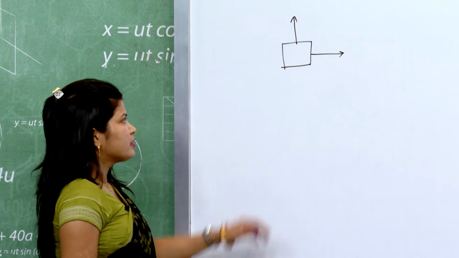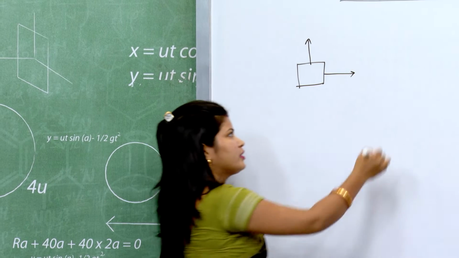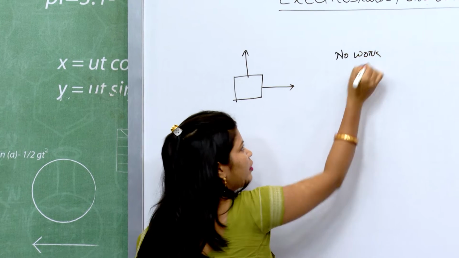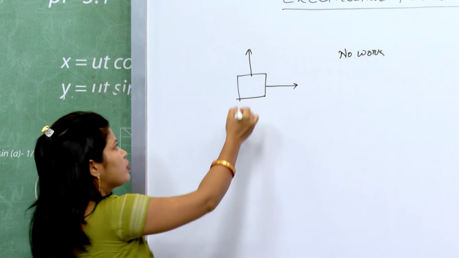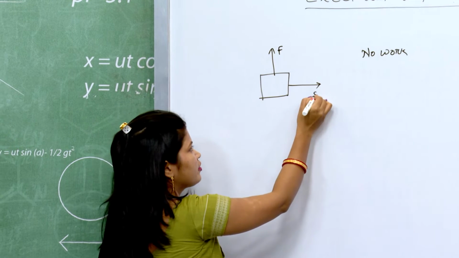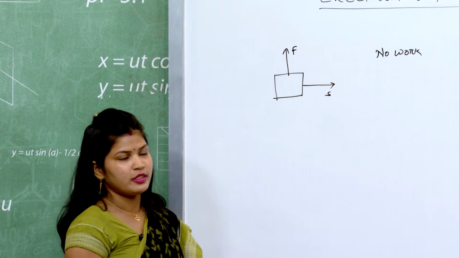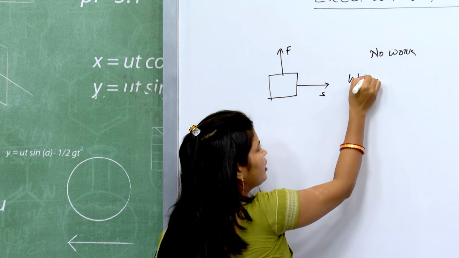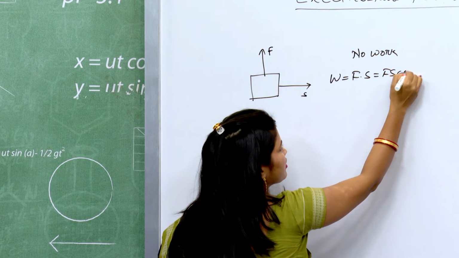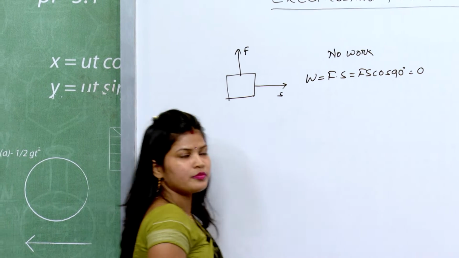Then in this case you are doing no work, that means work is 0. Why? Because you are applying force against gravity and displacement is forward. So, the angle between force and displacement is 90 degrees. You know the formula W is equal to F dot S, so F S cos 90, that is 0.